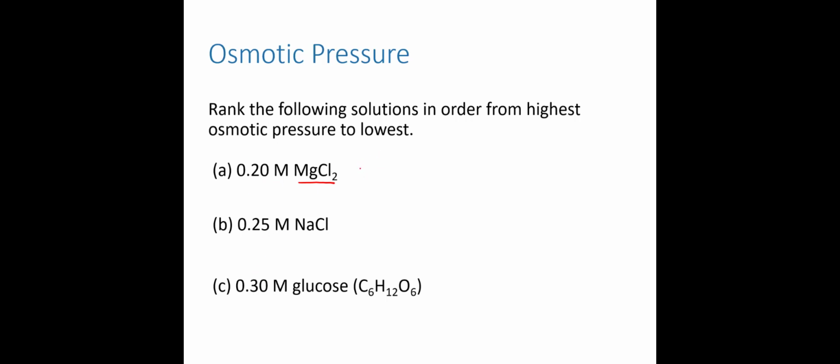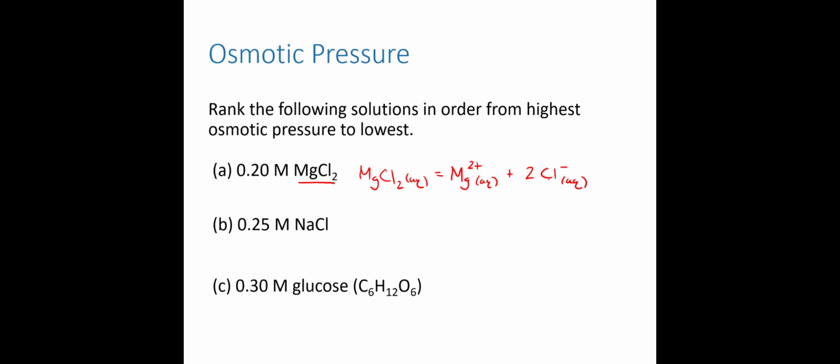But magnesium chloride, aqueous. So when we put this in water, it's really a magnesium ion and 2 chloride ions. So that's 1, 2, 3.